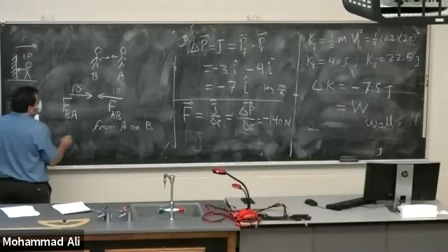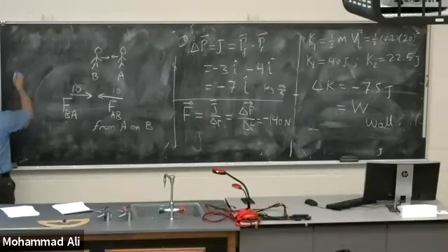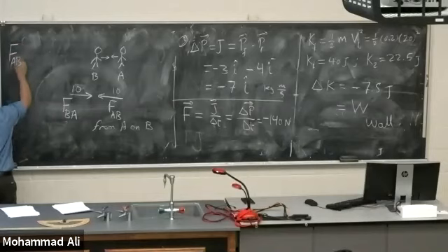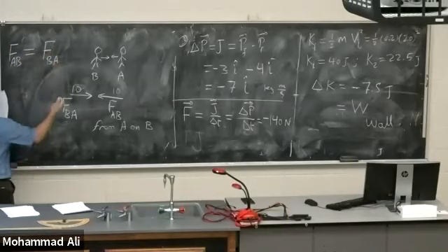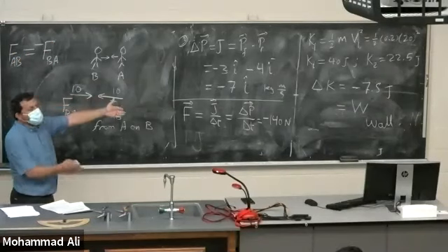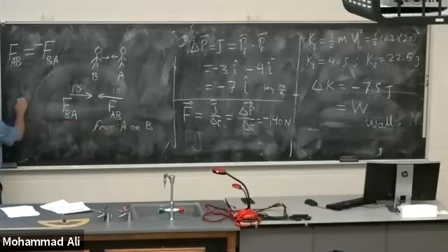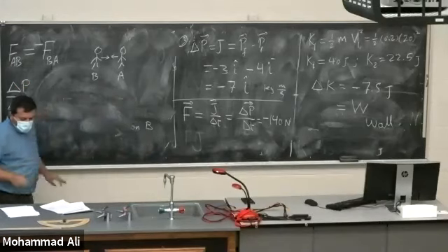So we have the force from A on B is equal to the same magnitude as the force from B on A, but its direction is opposite, right? But we know from before, just in this lecture, that the force is the change in momentum over the change in time. It will be the same from A and from B.